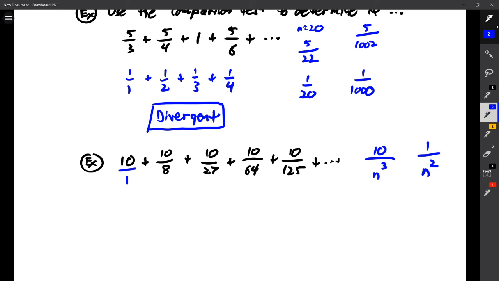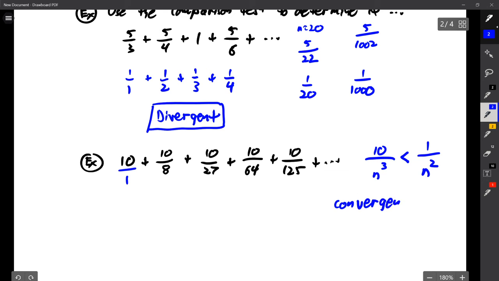Even though you have that 10 going on, because of the cubed on the bottom, you don't have to go out very far before you can identify that 10 over n cubed is going to get smaller and is going to stay smaller after a certain point. I'm not quite sure which term it is, but it will not take very many terms before 10 over n cubed is smaller than 1 over n squared. And so because of this, you can conclude convergent.